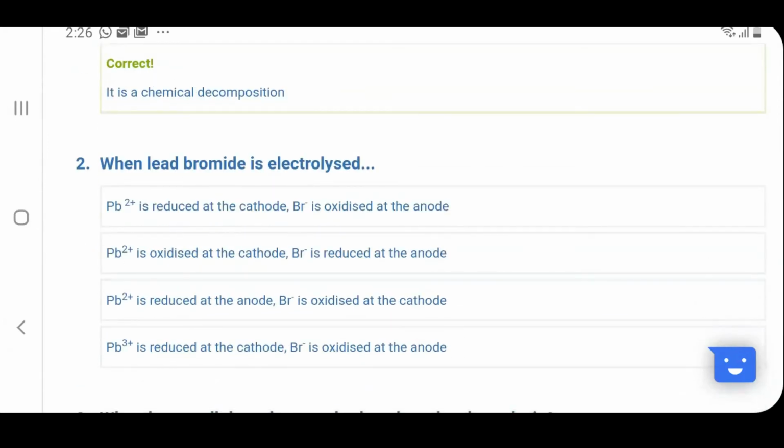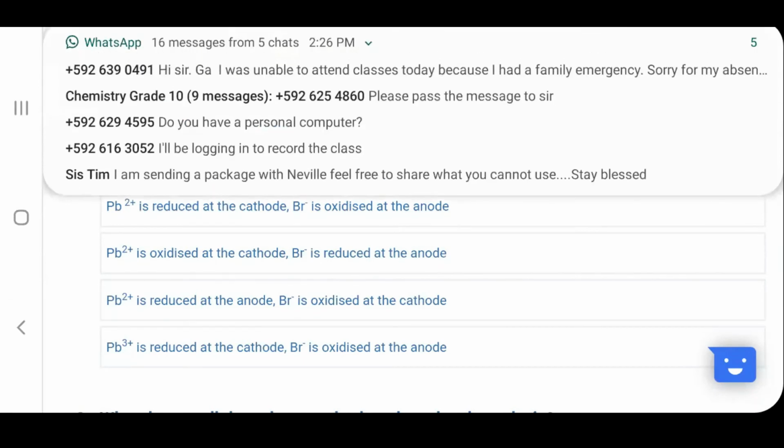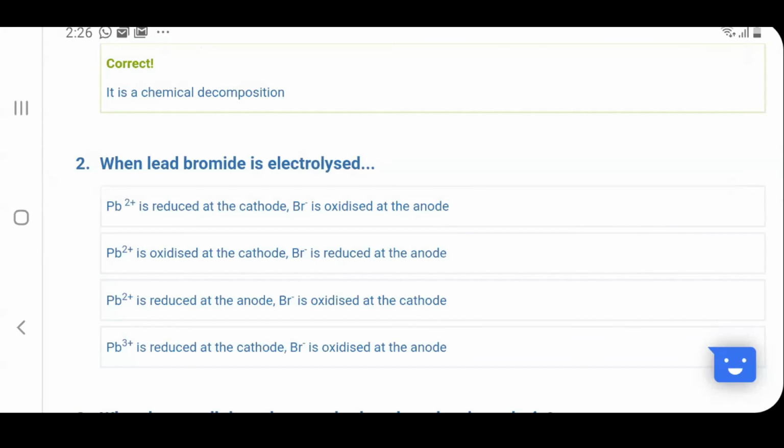When lead bromide is electrolyzed, what happens? Answer? Lead 2 plus is reduced at the cathode and bromide is oxidized at the anode. Very good.